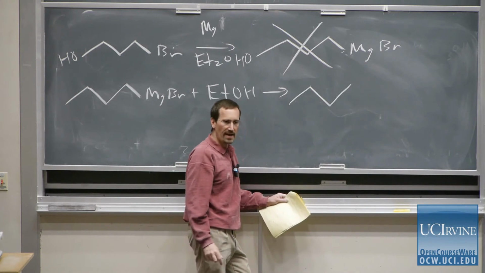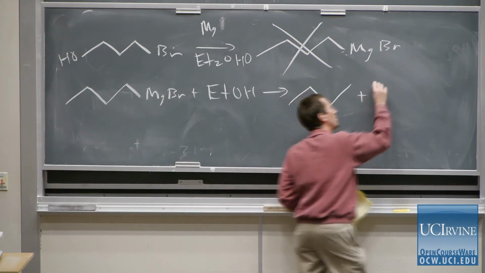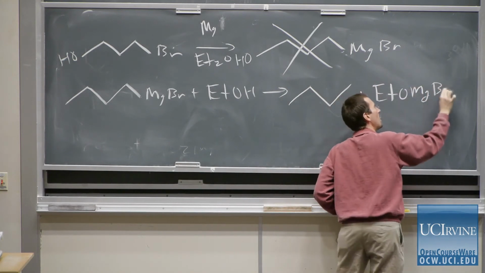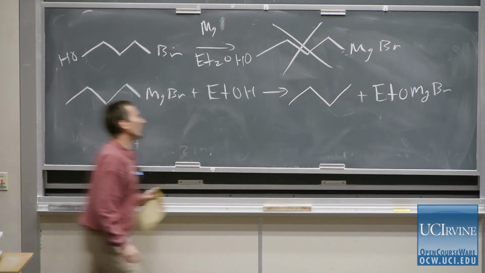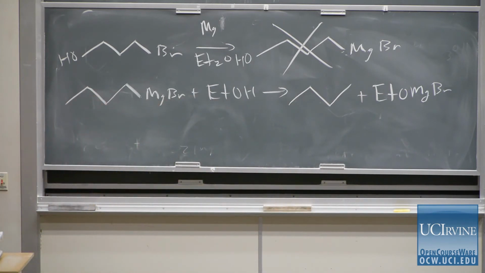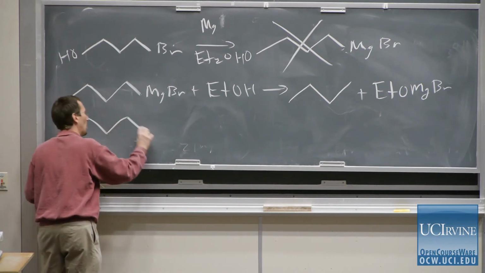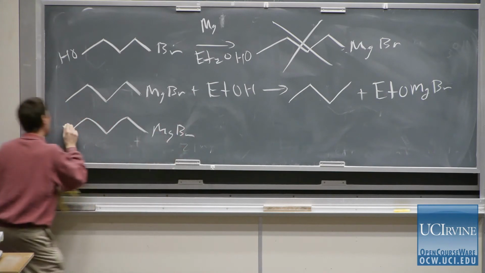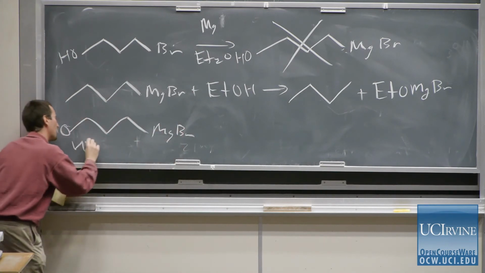If we take butyl magnesium bromide and treat it with ethanol, we get butane plus ethoxy magnesium bromide, basically the magnesium alkoxide salt of ethanol. And so this hypothetical Grignard reagent that we would like to generate is unstable.